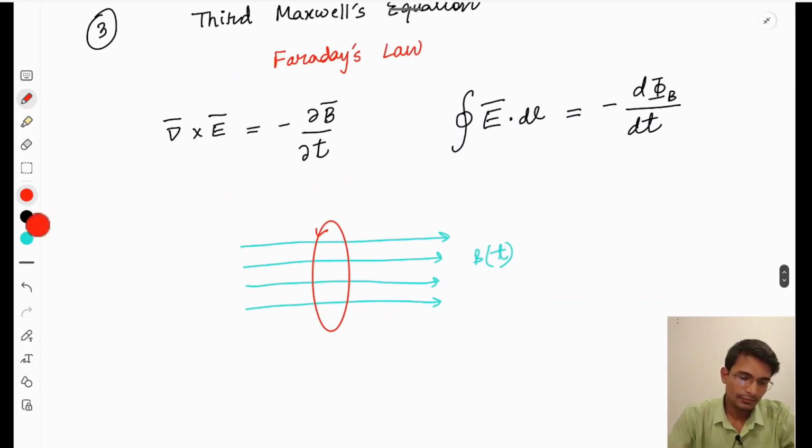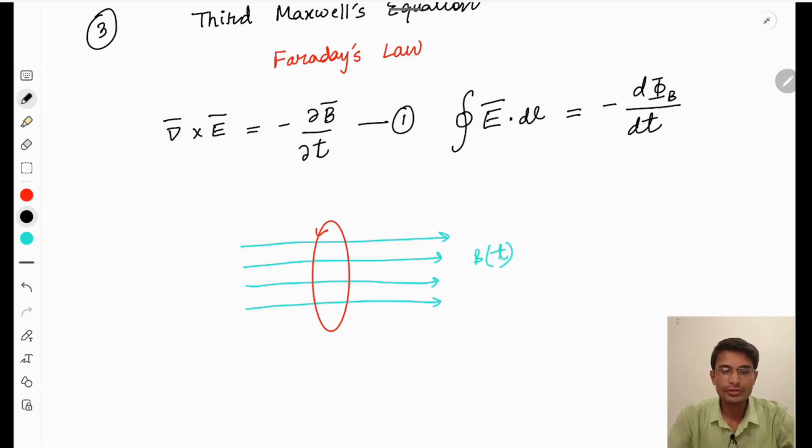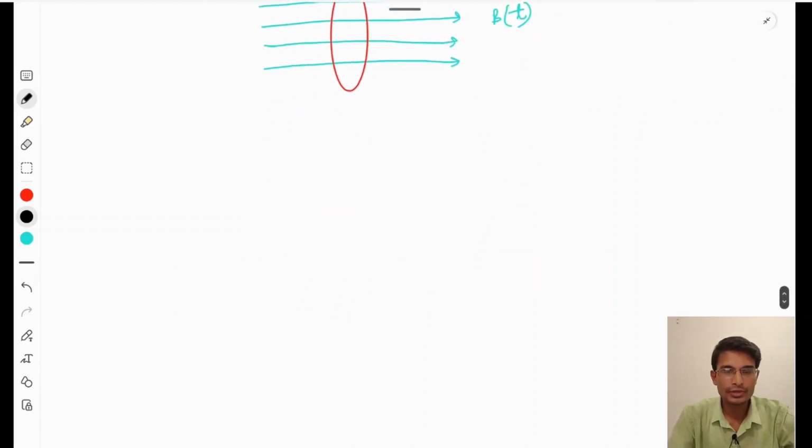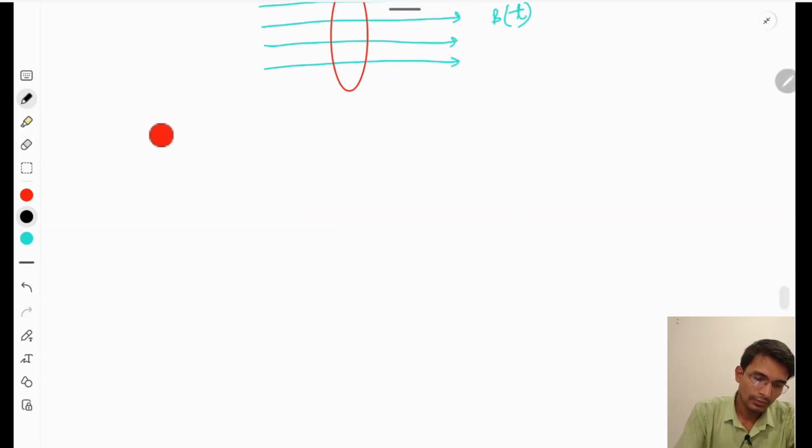Now I will be showing that the differential form of the third Maxwell's equation and the integral form of the third Maxwell's equation are equivalent. We can obtain one from the other. Before trying to show the equivalence, we have to know about the Stokes theorem.